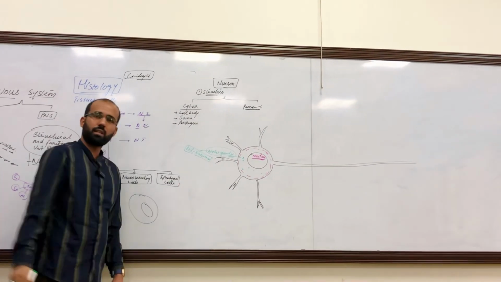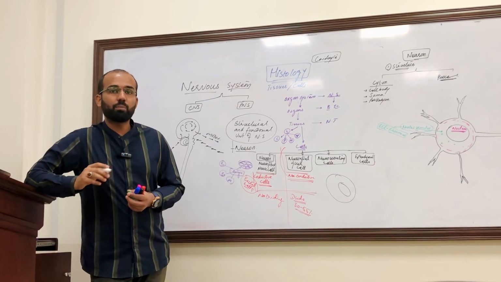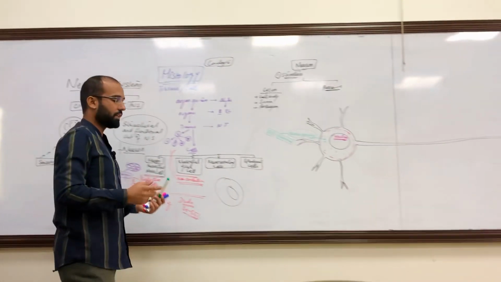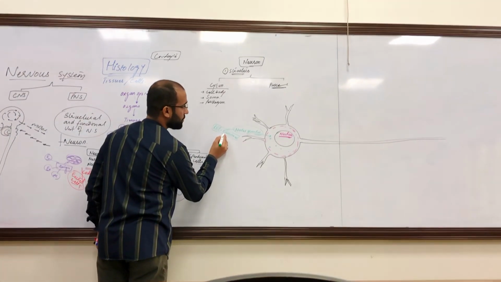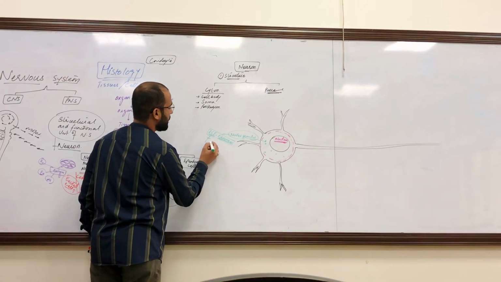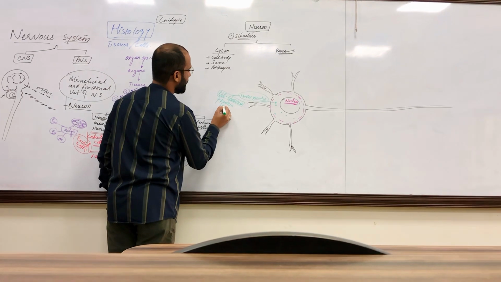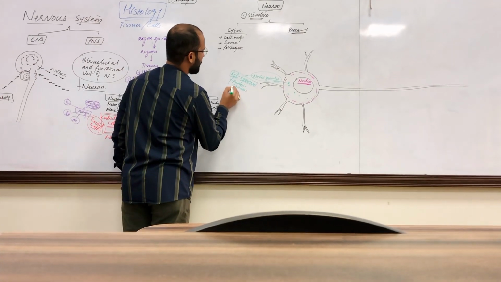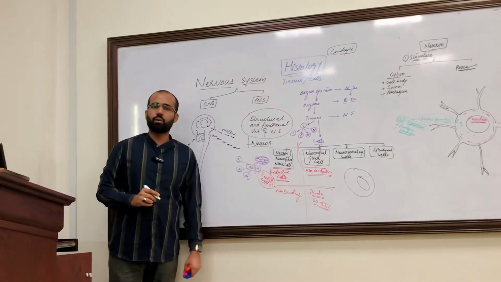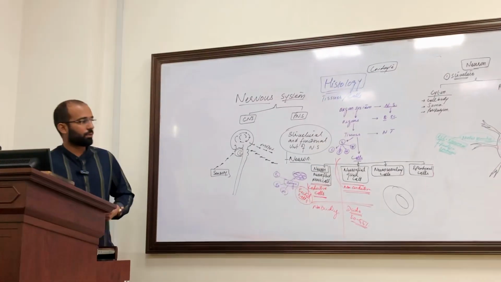So what should be the function of the Nissl's granule? Protein synthesis, because they are associated with ribosomes and rough endoplasmic reticulum. We will see later why we need protein synthesis and what the major kinds of proteins are.